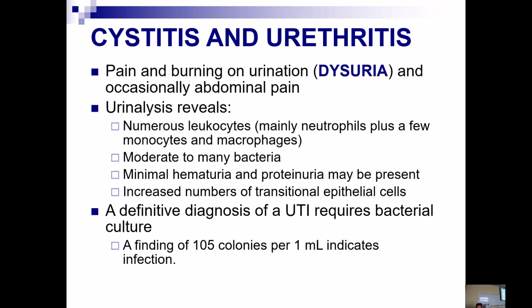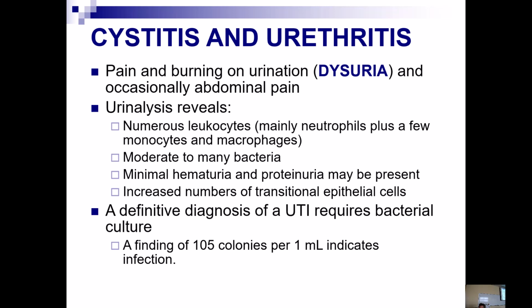Minimal hematuria and proteinuria may be present. So you may see that, but there's not necessarily going to be a lot of red cells and protein. Increased number of transitional epithelial cells, because remember the transitional ones are from the lower urinary tract, the bladder, things like that. So we're likely to see an increased number of transitional epithelial cells.